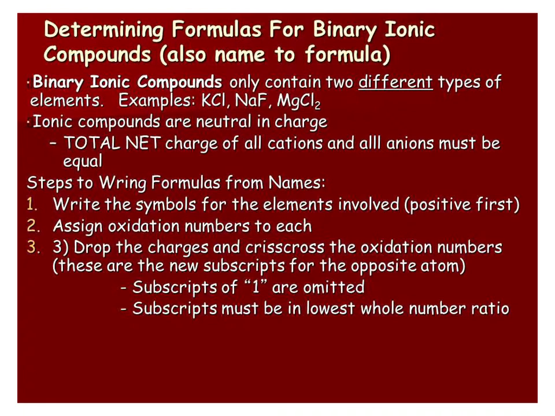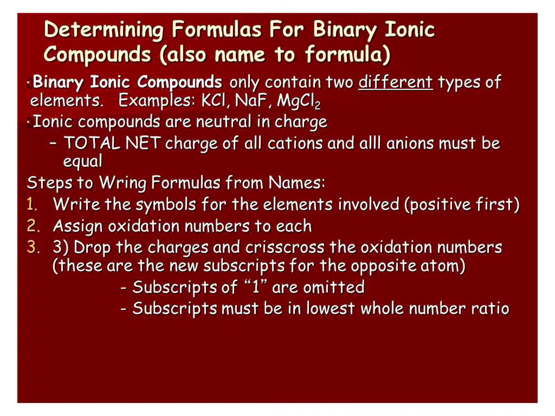Why is magnesium chloride a binary compound? Because it only contains two different elements, chlorine and magnesium. Even though there's a little 2 here on the bottom, so it contains 3 atoms total, the magnesium and the chlorine are the only 2 elements involved.